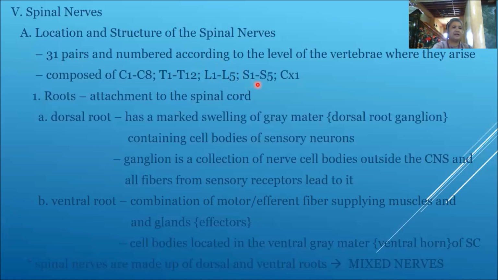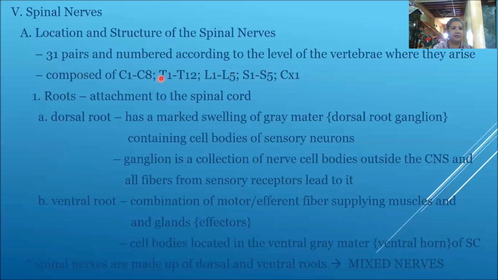As for your sacral, although they are fused, there are 5 fused sacral vertebrae, and from there 5 sacral spinal nerves will arise. And for your coccyx, although there could be several coccygeal nerves that will come out, the others will just degenerate as one grows older.